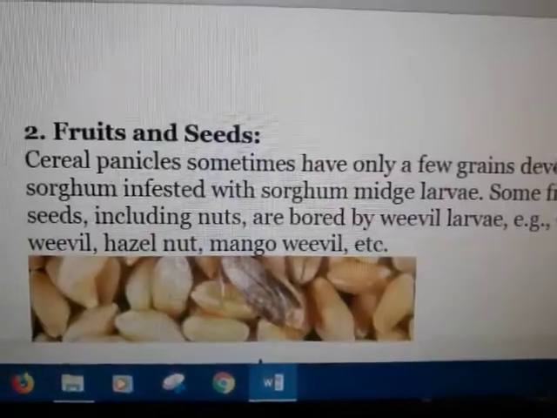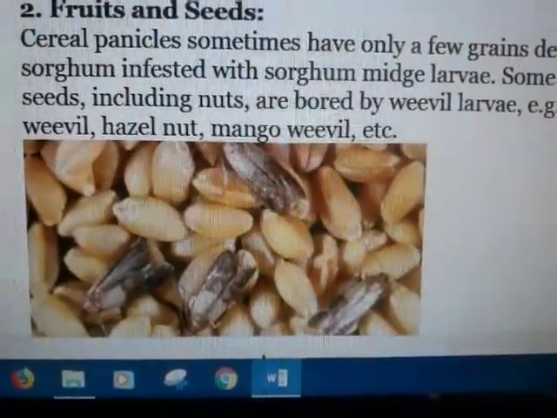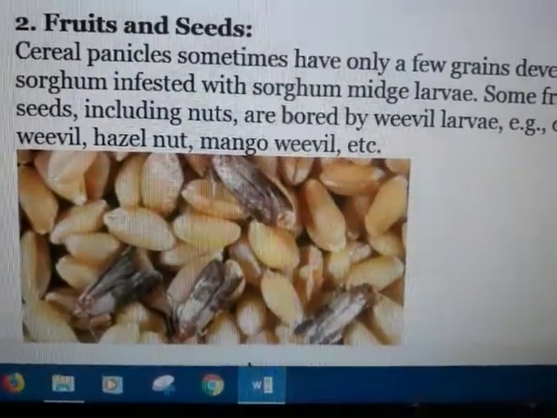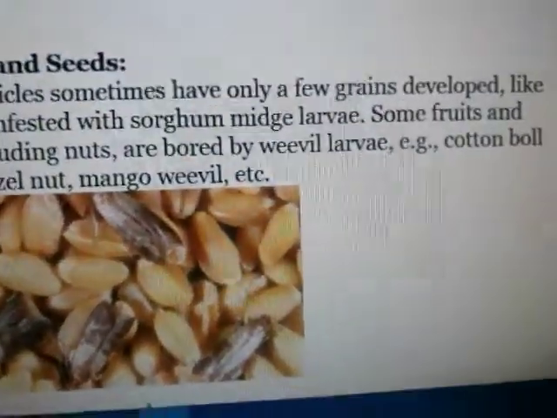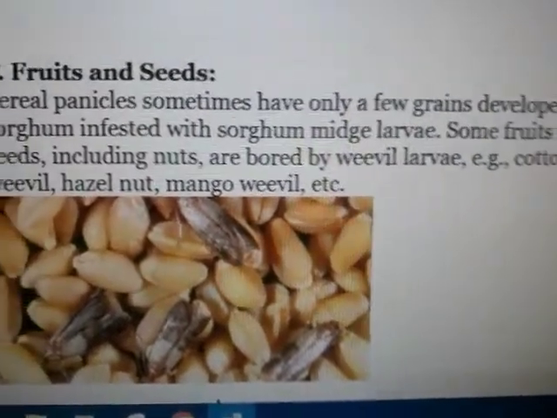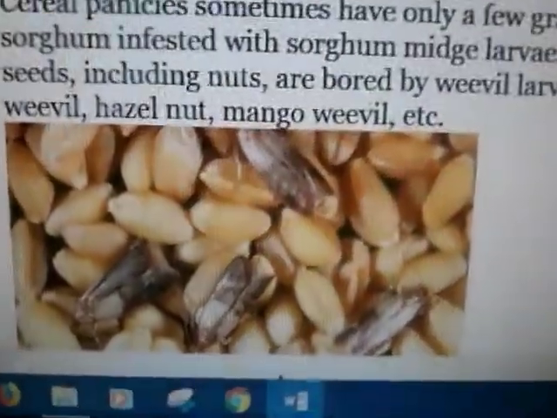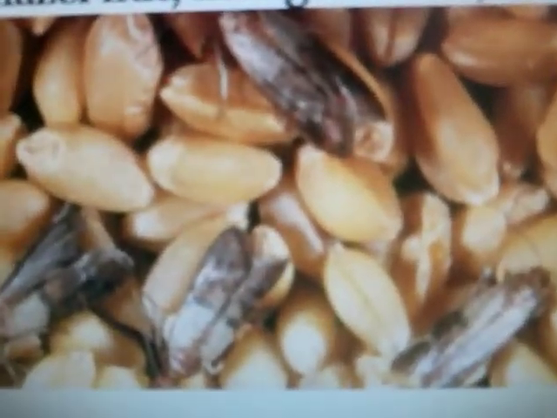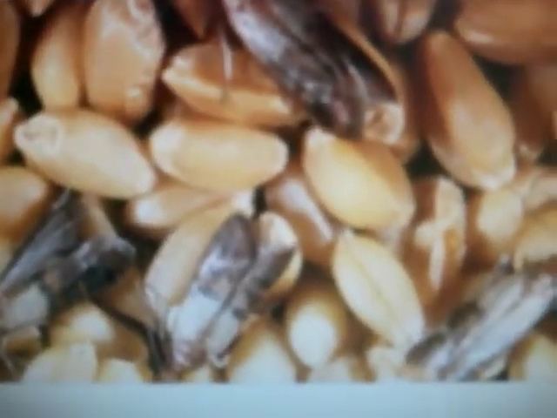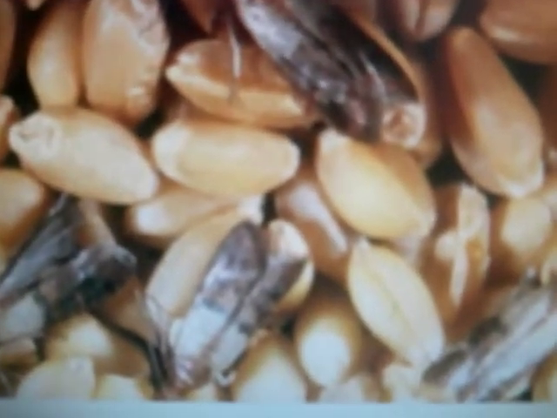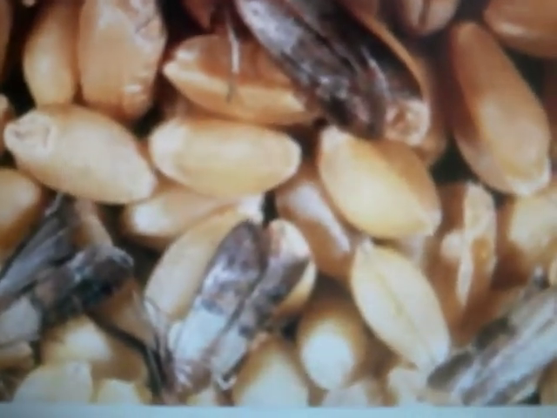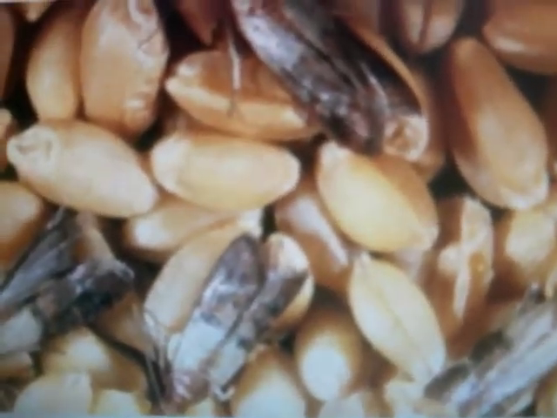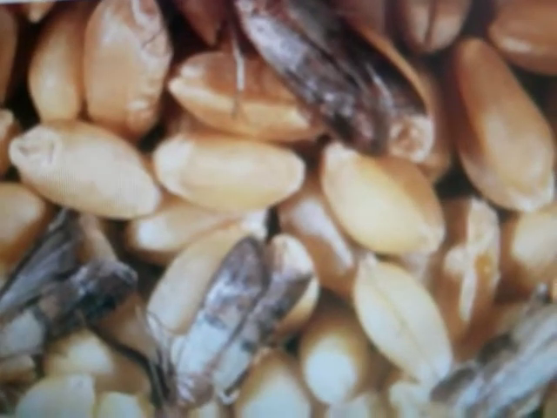Second, fruits and seeds, cereal, these are wheat and stored grains. Beetles and their larvae can bore the seed and eat the inside part of the grain.